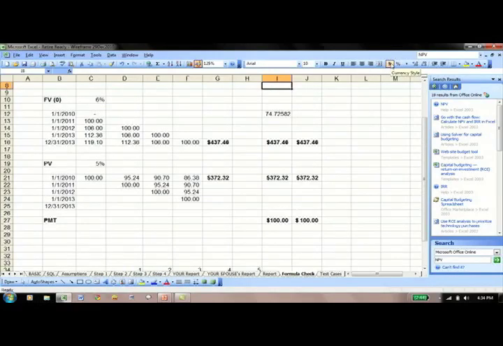Just bear with me for a second here. Some confusion, my apologies. Okay, here we go. So this is a payment formula, and the payment formula says give me the rate, give me the number of periods, and then basically give me the present value of something, and I will tell you what the periodic payments need to be for that.